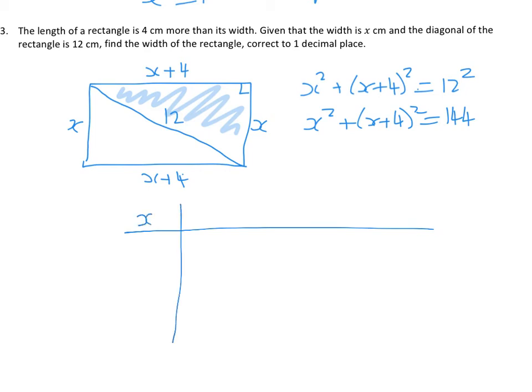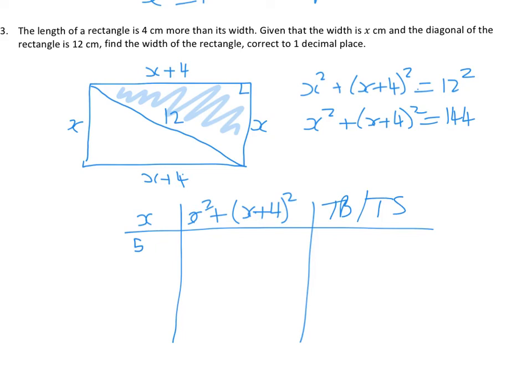So we'll have x, and we'll have the answer, so it's x squared plus (x plus 4) squared, and then too big and too small. So what we could do is we could try a value of 5 first of all. So I'm going to press 5 on my calculator and then equals.